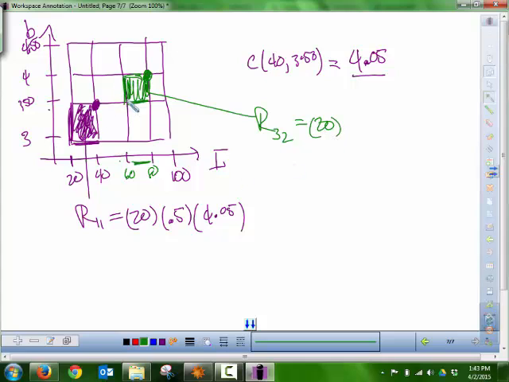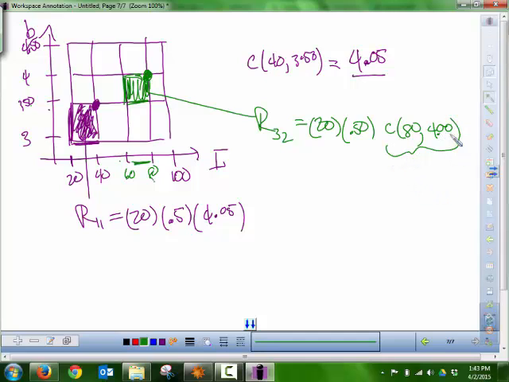And then this, $4 minus $3.50 is 50 cents again. And then now the height is the cost at 80 and $4.